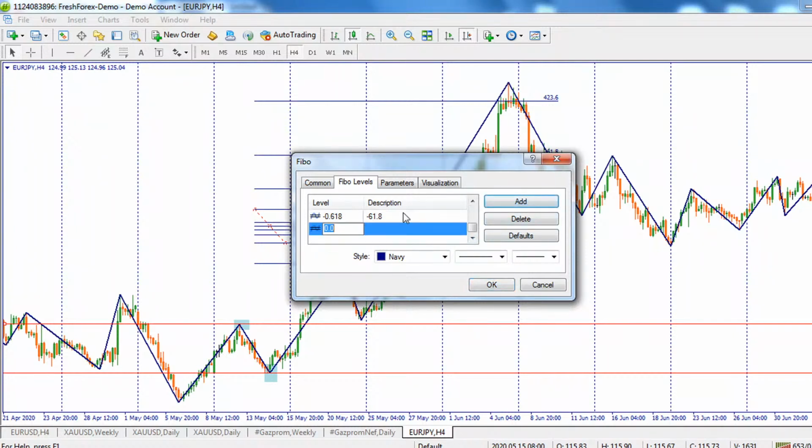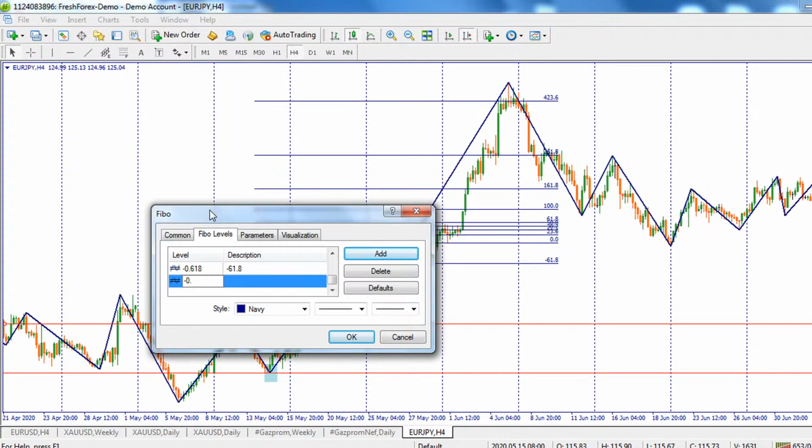So I want to add minus 23.6. Here it should be 23.6.